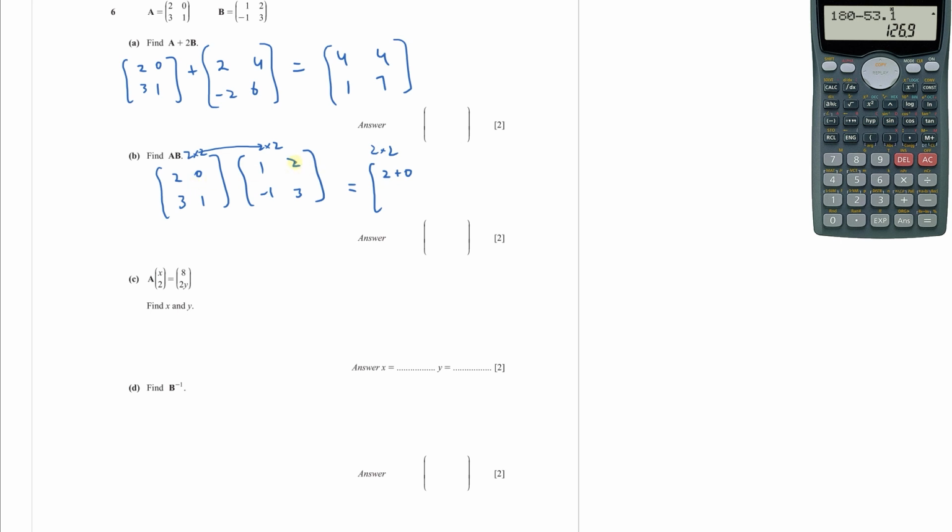The next value will be 2 times 2 is 4 plus 0, first row and second column. Then 3 times 1 is 3, and then minus 1. And this will be 3 times 2 is 6 plus 3. So this will be 2, 4, 2, 9.